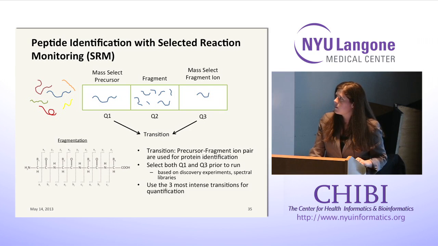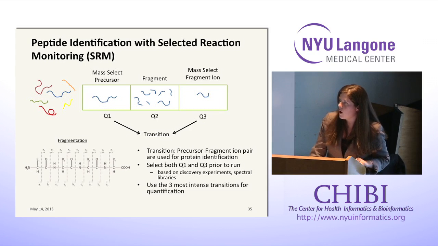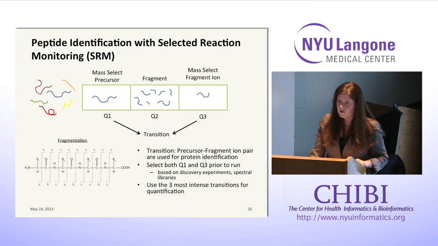You use the precursor peptide and the fragment ion, which is called a transition, for identification. This fragmentation actually breaks along the peptide backbone. In this case, the collision type we're using breaks at the peptide bond, and it's the Y and the B ions. I'll be talking about Y and B ions, and the number of the Y and B ion depends on where it breaks within the amino acid chain.